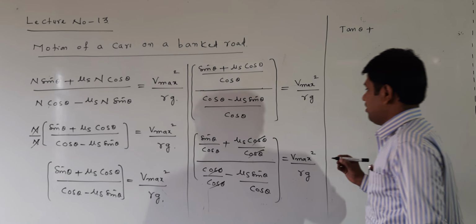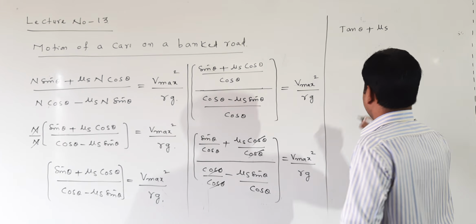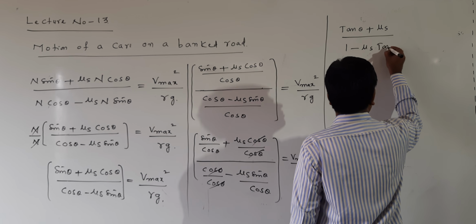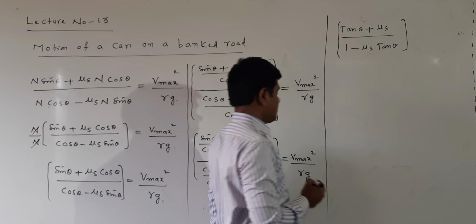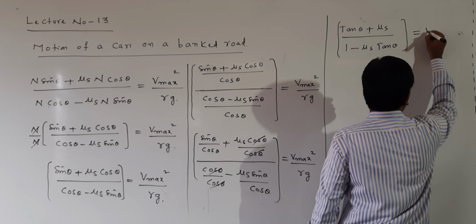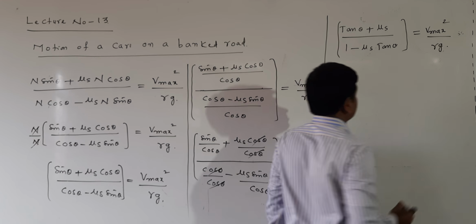Remaining is tan theta plus μs by 1 minus μs tan theta, since sin theta by cos theta is tan theta, is equal to v maximum square by rg.